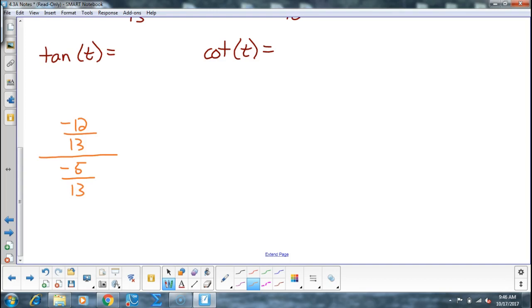When I divide by a fraction, I do what? Multiply it by its reciprocal. So this is going to be negative 12/13 times 13 over negative 5. Without a calculator, what is it? 12 over 5.